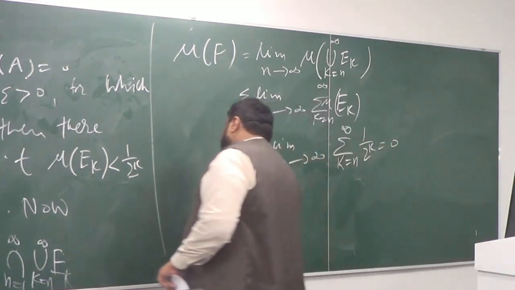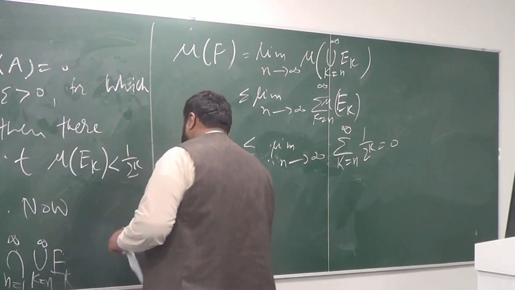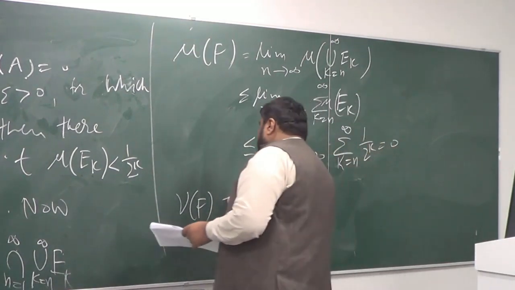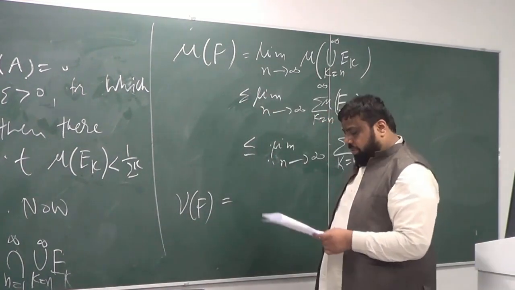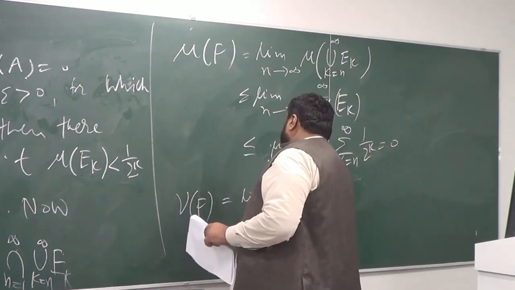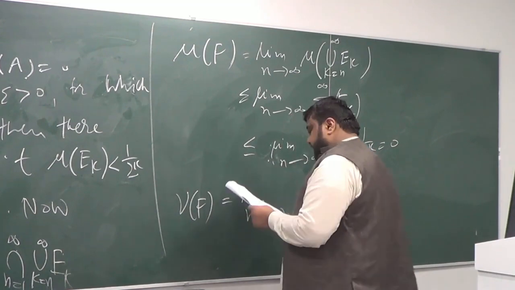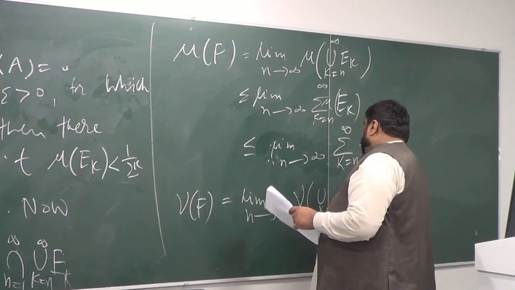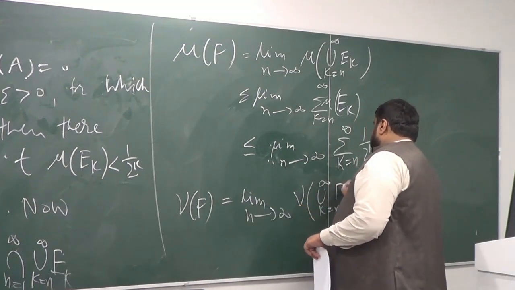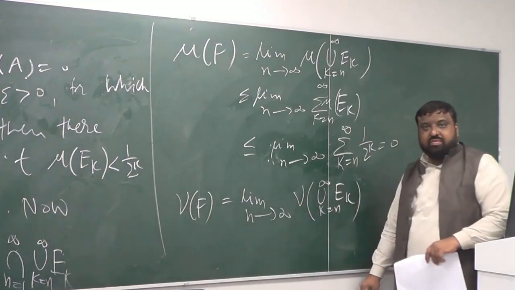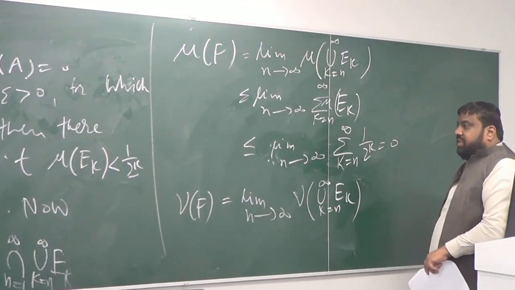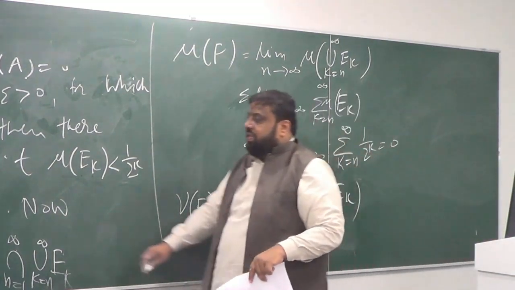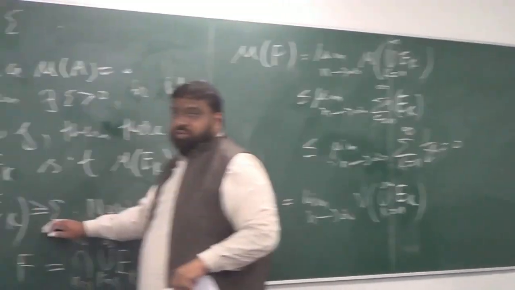Let's compute the nu of F. Okay. The nu of F, again by the same property, you're going to get the limit as n goes to infinity of nu of the union over k equal to n to infinity of E_k. Okay? And I know that nu of E_k is bigger than or equal to epsilon.